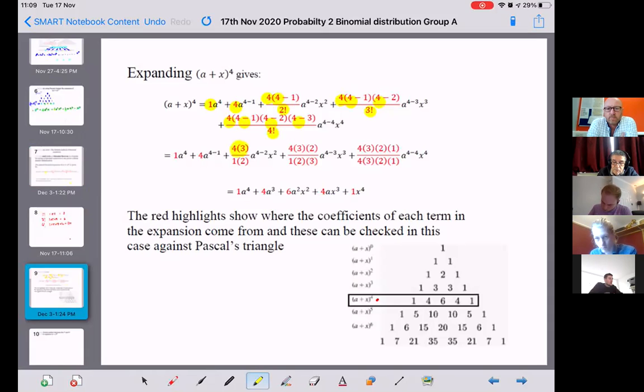So this is 4 times 3 over 1 times 2, 4 times 3 times 2 over 1 times 2 times 3, and 4 times 3 times 2 times 1 over 4 times 3 times 2 times 1. Now that last one all cancels out to become the 1.